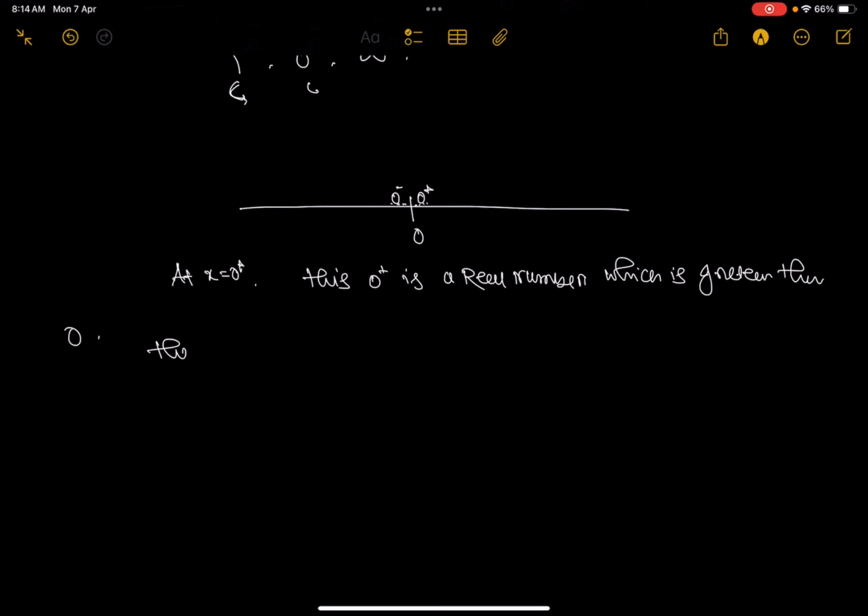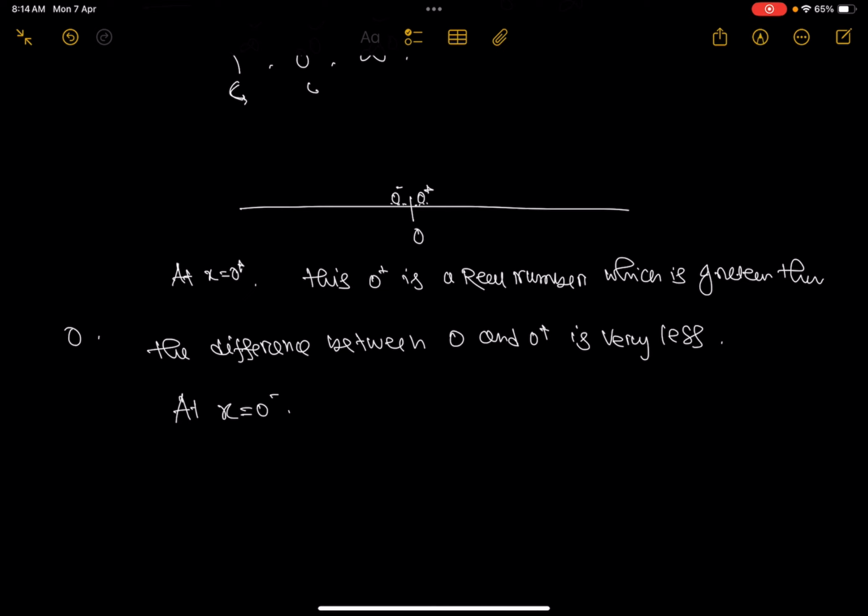The difference between 0 and 0 plus is very less. And at x equal to 0 minus, this is also the same. 0 minus is a real number which is less than 0.